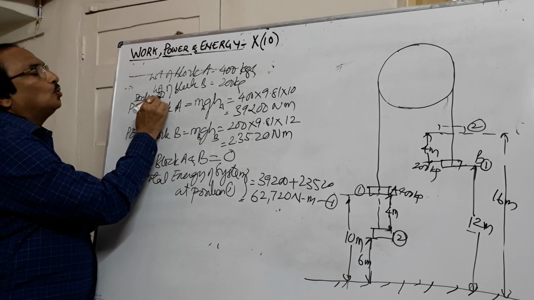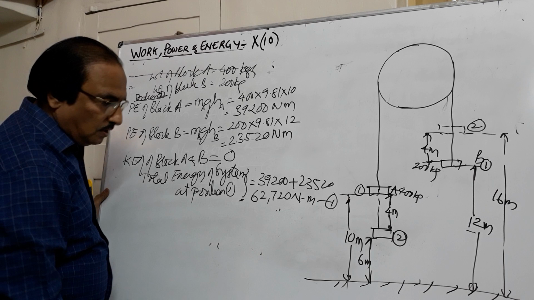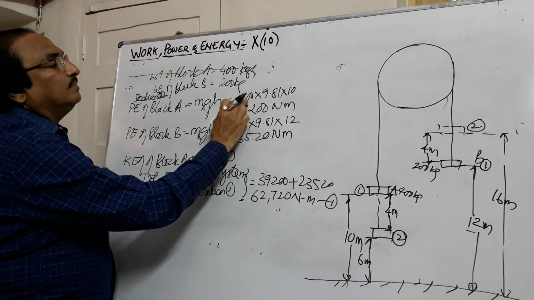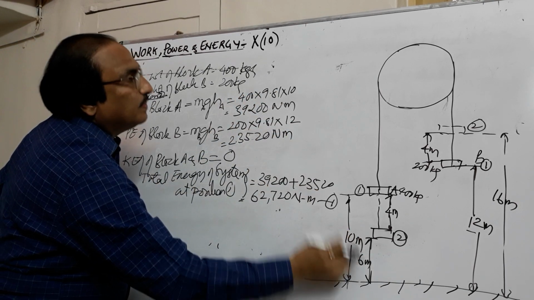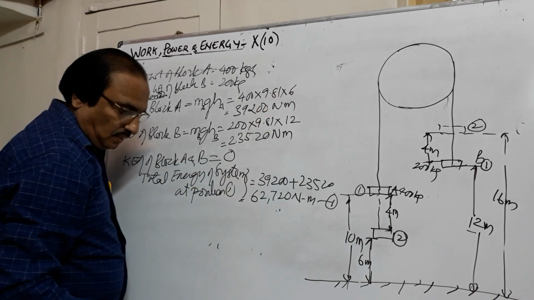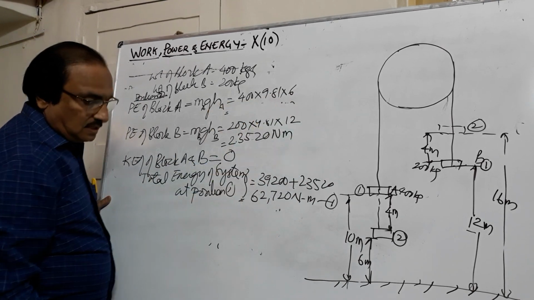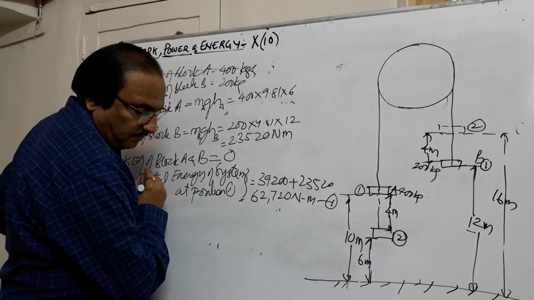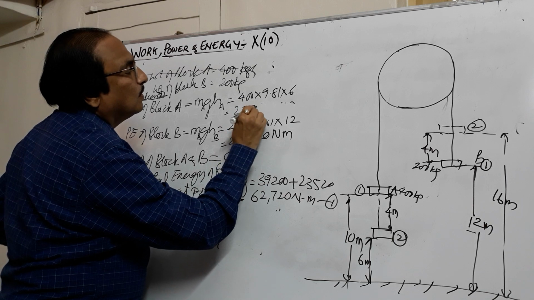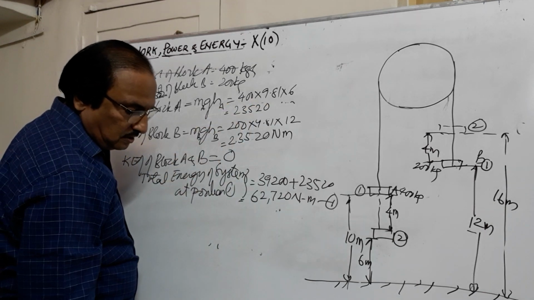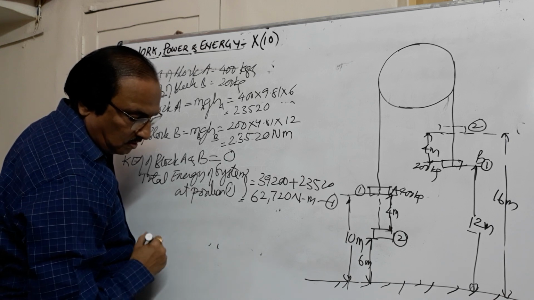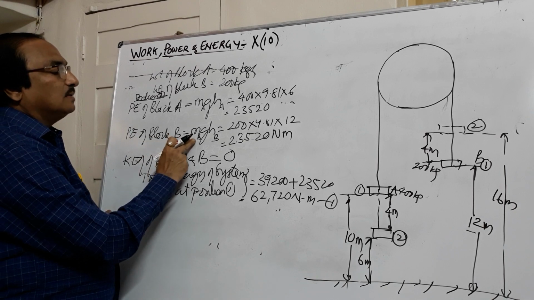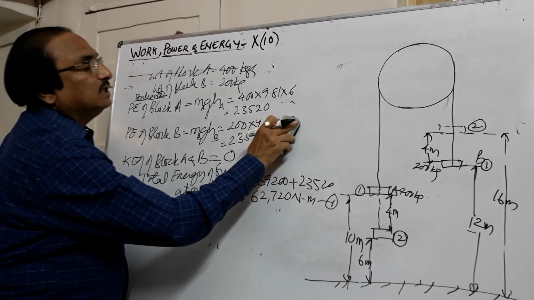We'll see at position 2. The potential energy of block A is mgh, where the second position of block A is 6 meters. If you simplify this, you get 23520. The potential energy of block B is mgh, and the only change here will be the height.